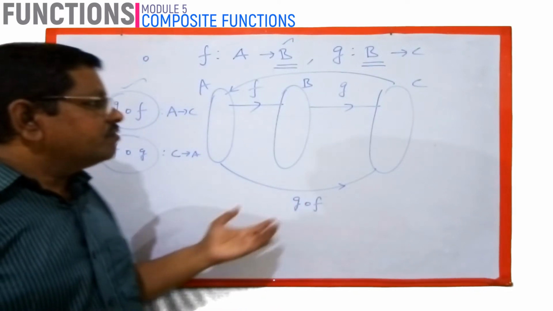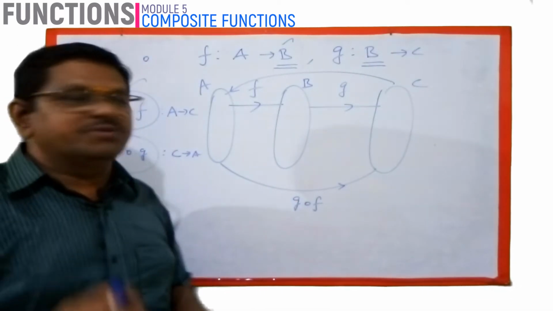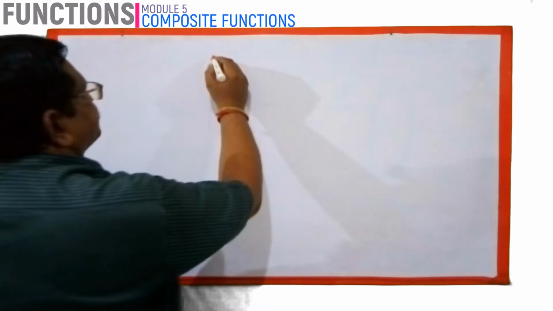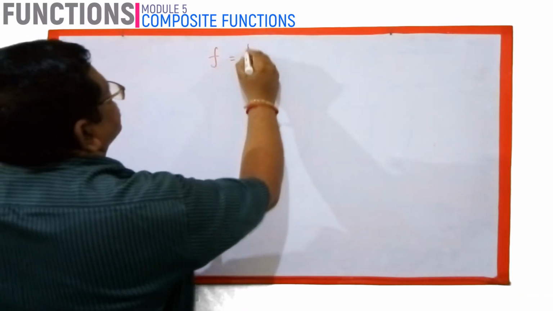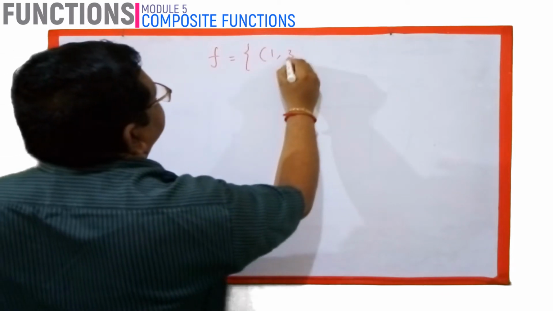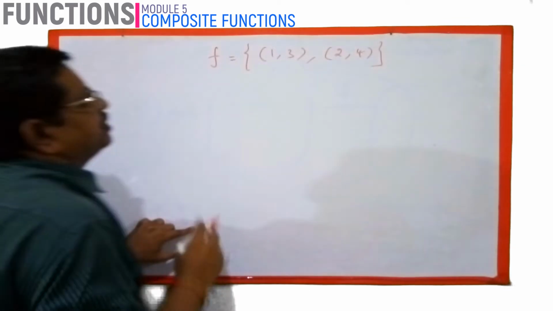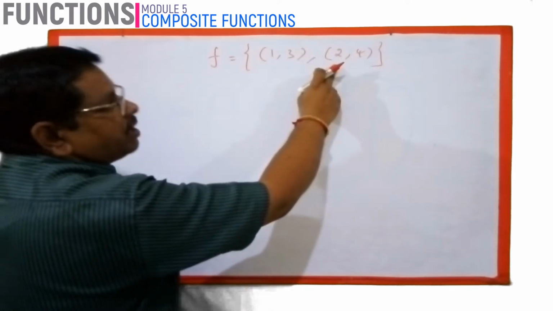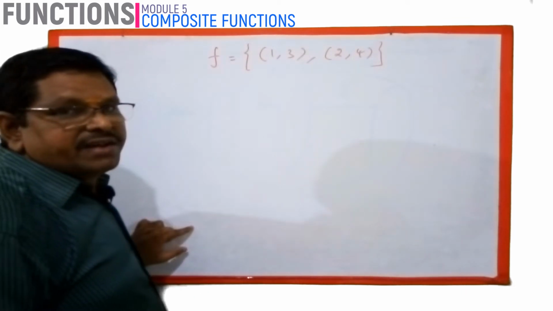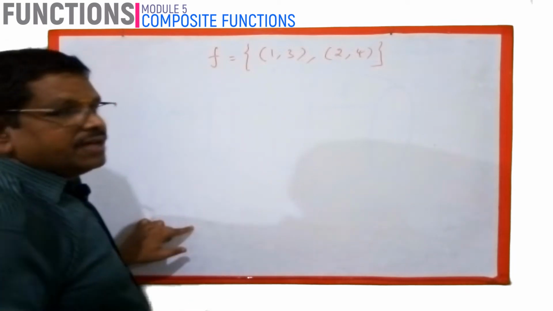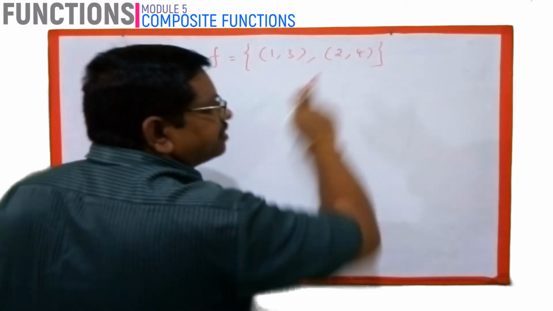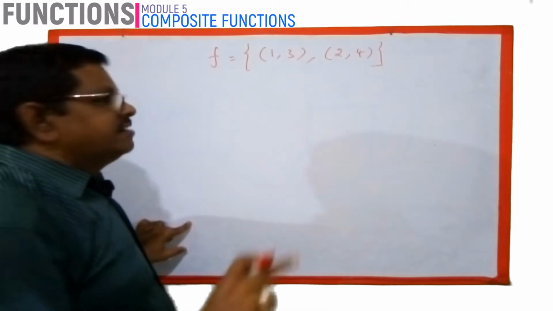Now with some examples I will explain the composite functions. Now let us take the function f. It is taken as 1, 3, 2, 4. Remember, here 1 and 2 are the elements present in the domain of the function f. 3 and 4 are the range.